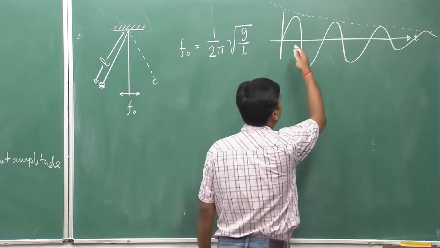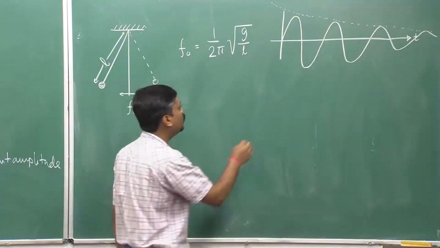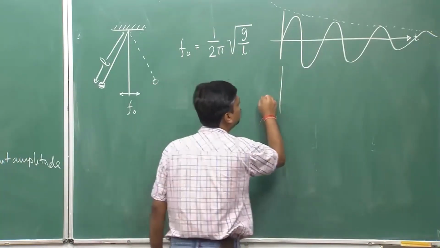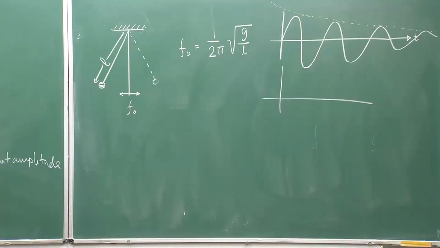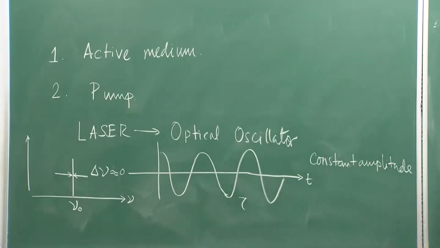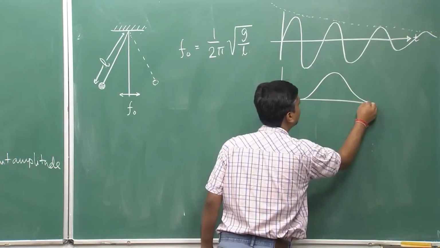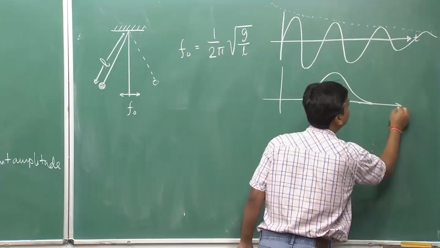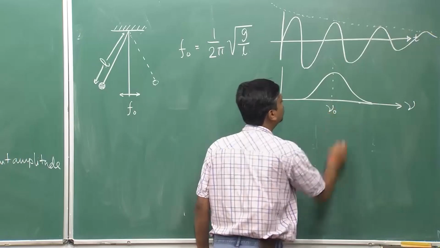So, this keeps going down and down, and if I look at the corresponding frequency domain picture, very similar to this case, I will see a spectrum like this. So, this is nu 0.